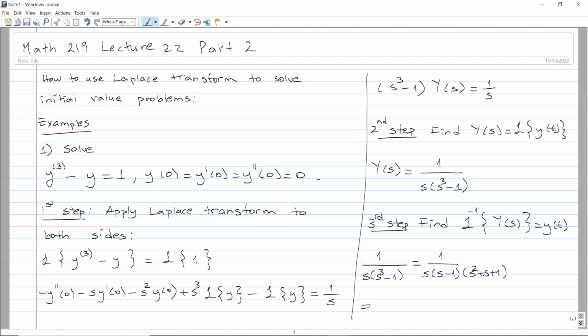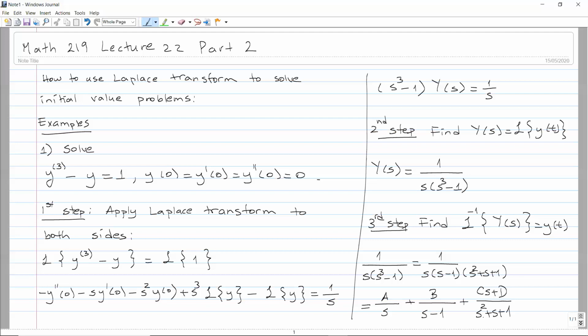That means we break this up into the partial fractions, a number a divided by s, plus a number b divided by s minus 1. Plus, now the third term in the denominator is going to have s squared plus s plus 1. So that means in the numerator, we may have a term with s plus a constant term. Again, remember from partial fractions, the degree of the numerator is less than the degree of the denominator. So when the degree of the denominator is 2, then we need to write something of first degree.